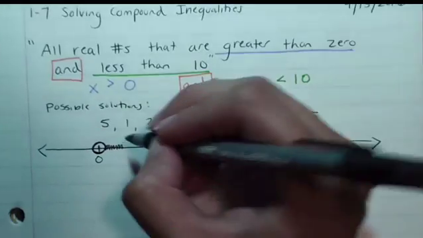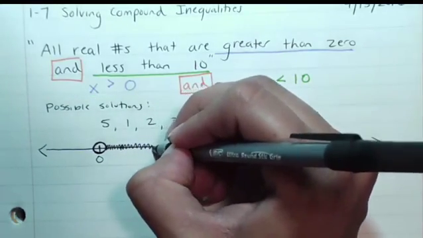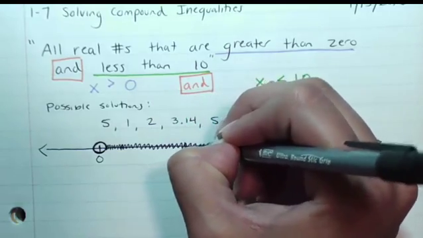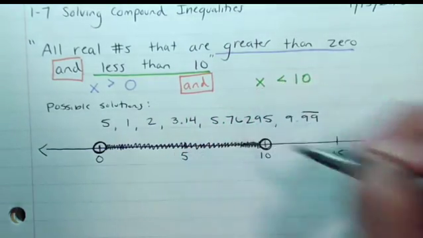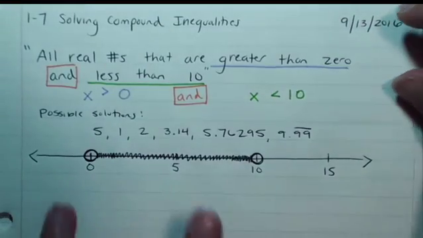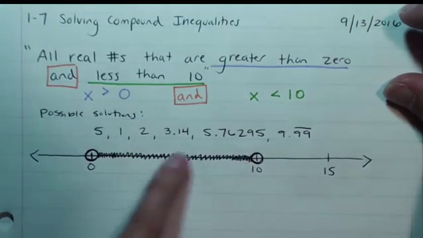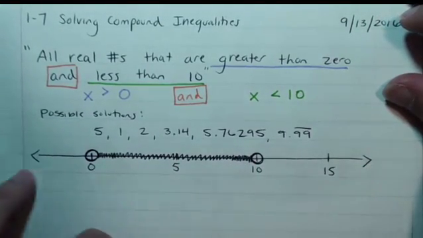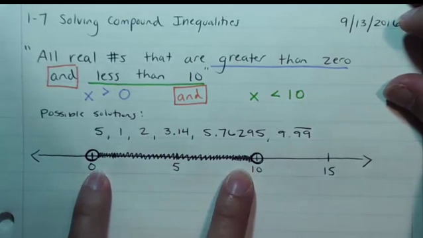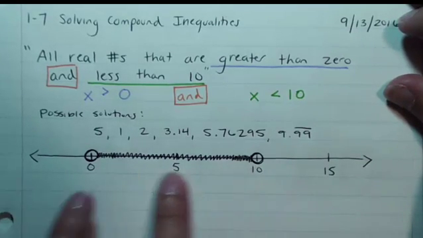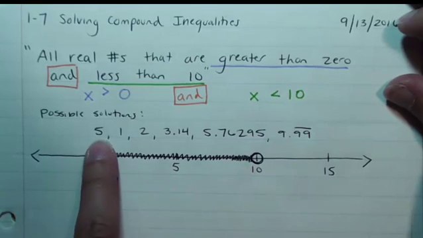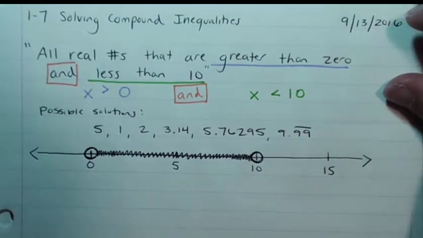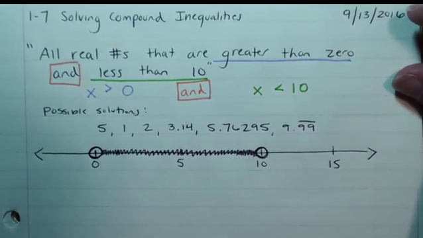So now that I have both of them, I'm going to shade what's in between, because since it has to fit both of these inequalities, it has to fit between both of these. So it doesn't extend past this and it doesn't extend past the 0. It's everything in between. Everything in the shaded region are possible solutions, and that's exactly what we wrote down up here. Okay, so this is considered a compound inequality.